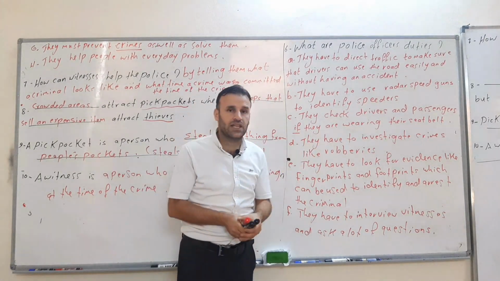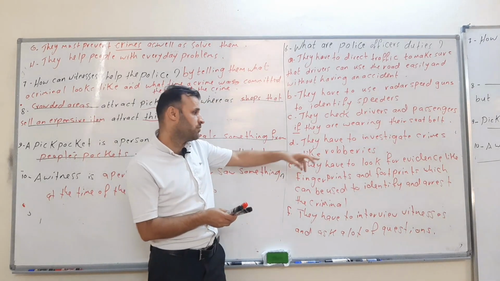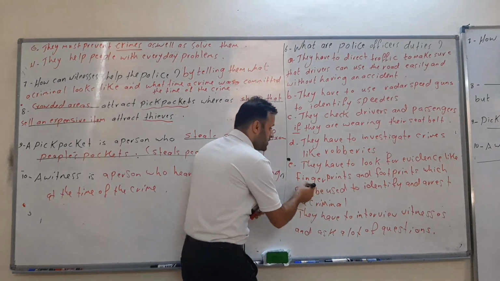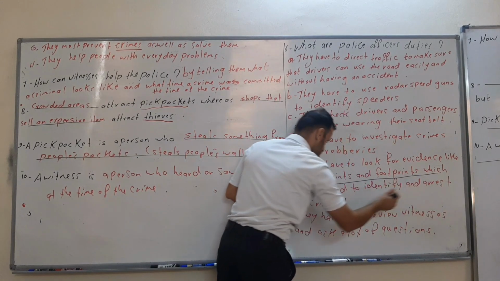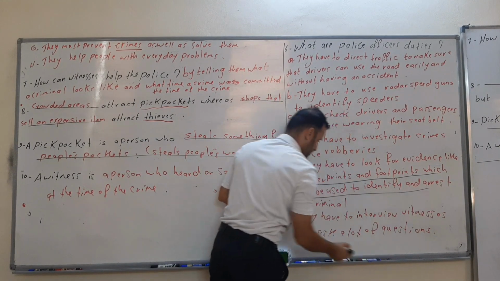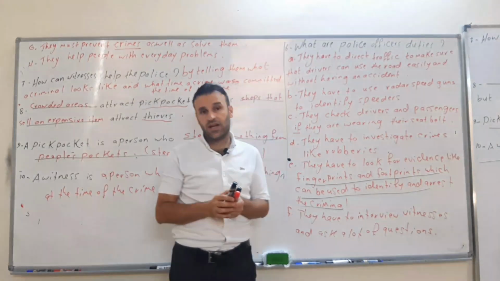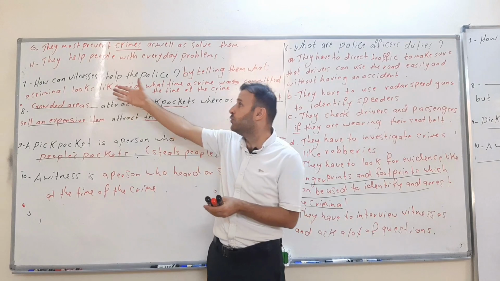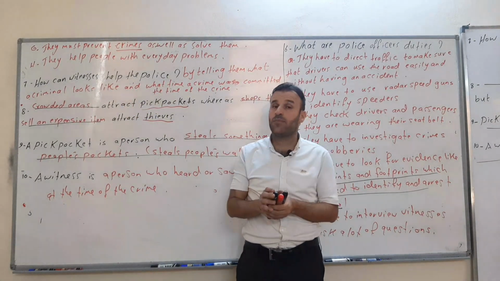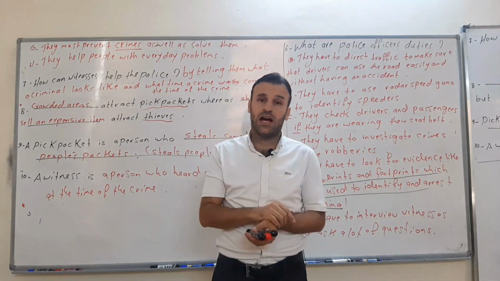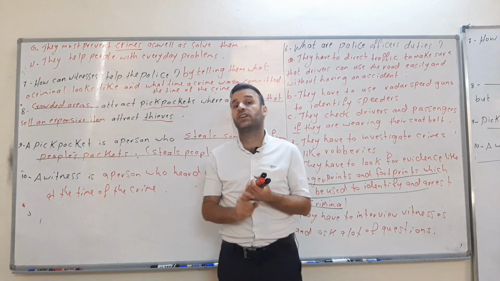They have to investigate crimes like robberies. They have to look for evidence. I said that evidence is fingerprints and footprints which can be used to identify and arrest the criminal. Then something important we have to mention about witnesses. How can witnesses help the police? By telling them what a criminal looks like, and another thing, the time of the crime.